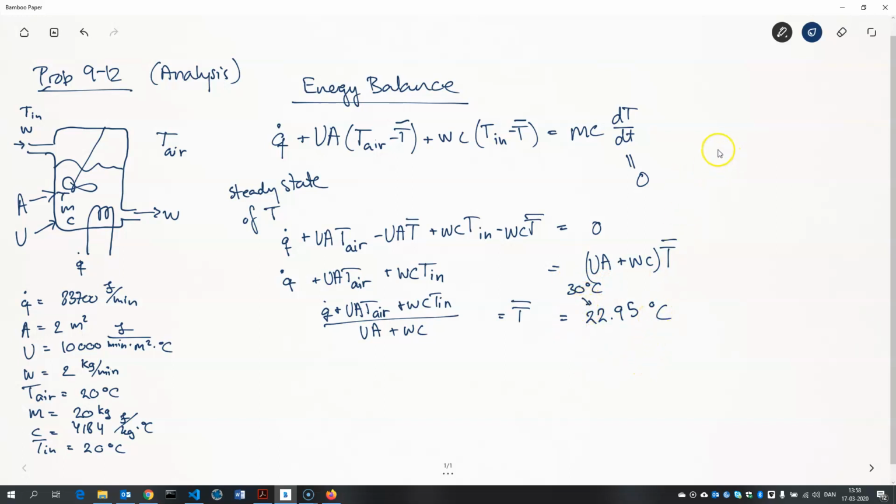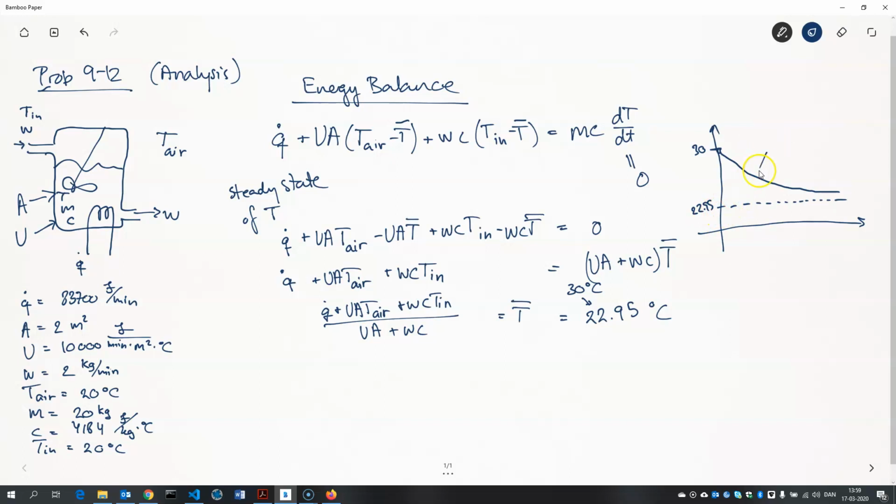So what happens is that our system will, let's say that we have 30 here and 22.95 here. So the system will approach that value in an exponentially decaying fashion. And we know it's never going to reach that temperature mathematically speaking, but that is the steady state level.